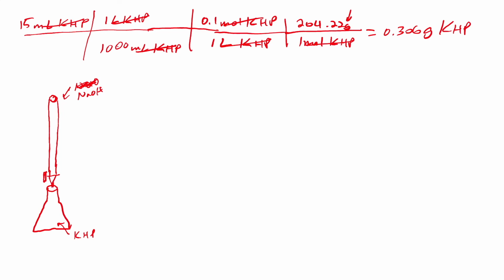So here's the 0 point right here, and I think it's a 50 mil, so maybe the bottom is 50. I can't remember exactly how big these burettes are. I would fill up your sodium hydroxide to maybe up here, above the 0 line, and then let the liquid flow out into waste until you get to the 0 point. That way you'll get the bubbles out of your burette tip too.